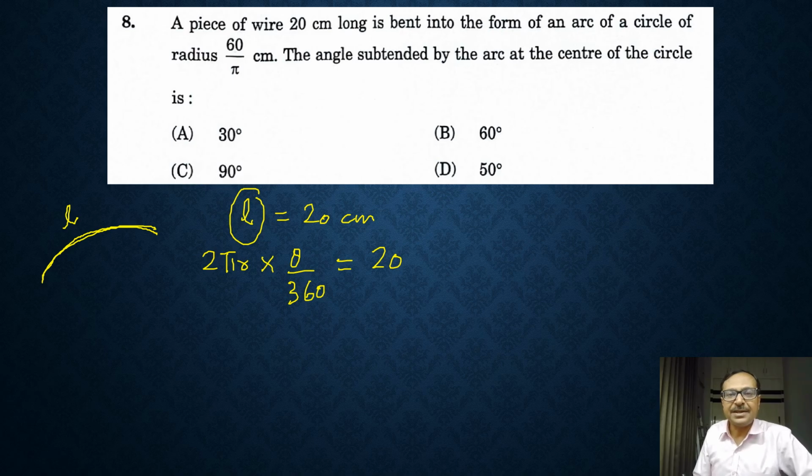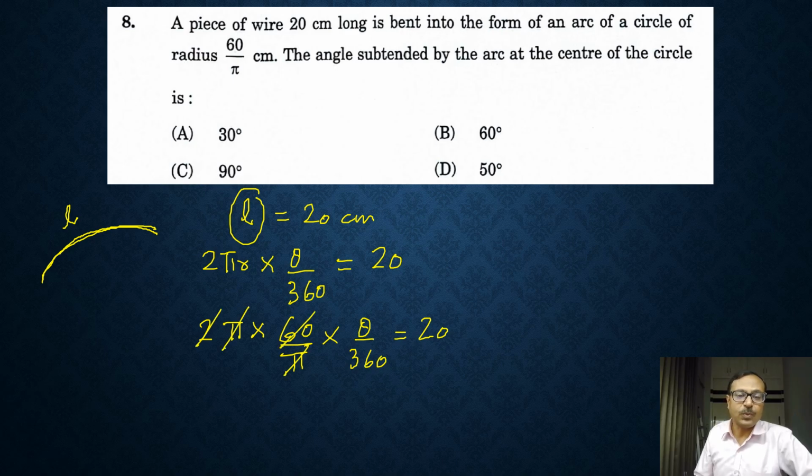Now what else is stated in the question? It is stated that the radius is 60 upon pi. So I'll just write 2 pi into radius, 60 upon pi, times theta upon 360 equal to 20. So the pi gets cancelled. 2 times 60 is 120, which cancels 360 3 times.